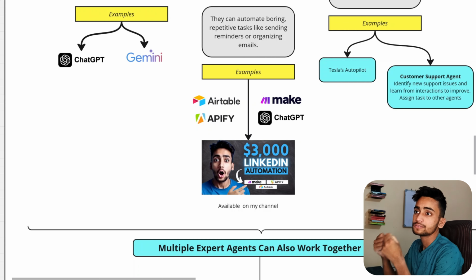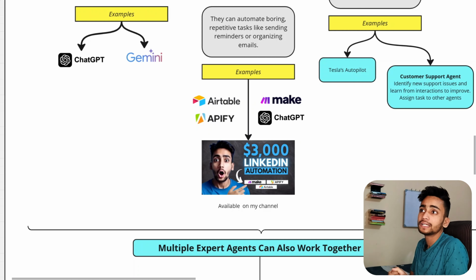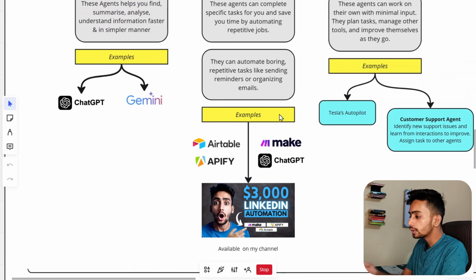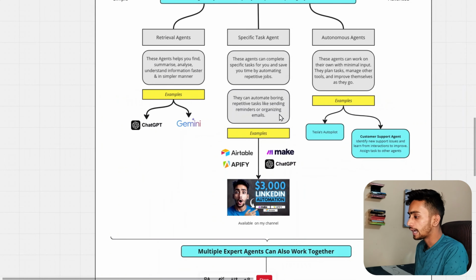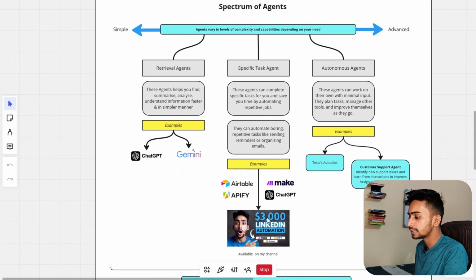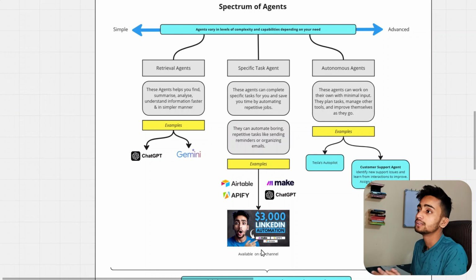For this specific task, I have created an expert agent. To create this agent, I have used tools like make.com, ChatGPT, Gemini, Airtable, Apify. Using all those tools, I have created this expert agent which is trained to do a specific task, that is to automate my LinkedIn account.